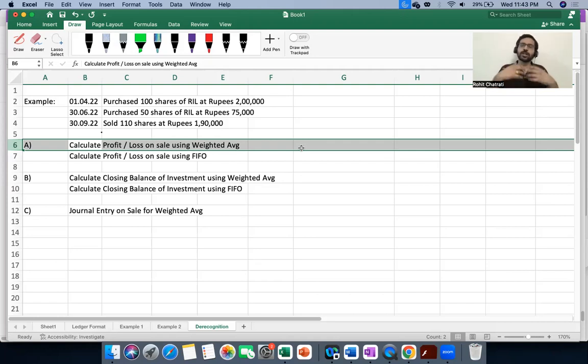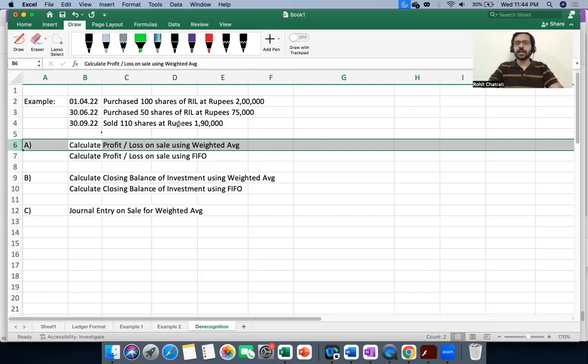It has some questions in its book where it's trying to show you how the profit or loss would be when you calculate it using FIFO method, which I believe is good. But in examination, yes, FIFO method can be asked, but when you're applying AS 13 in the real world, you cannot apply FIFO method. Only and only weighted average cost method is allowed. But yes, you need to know how FIFO method also works.